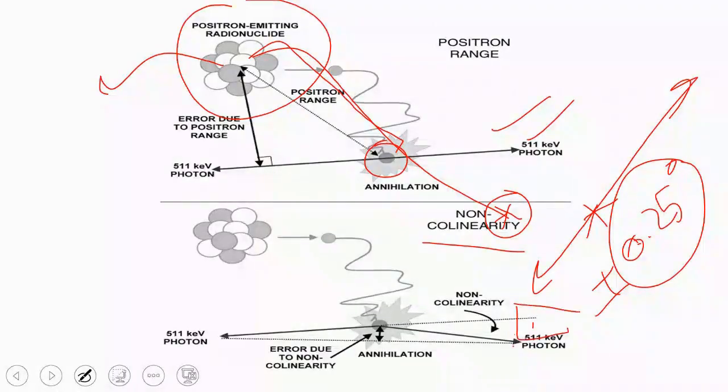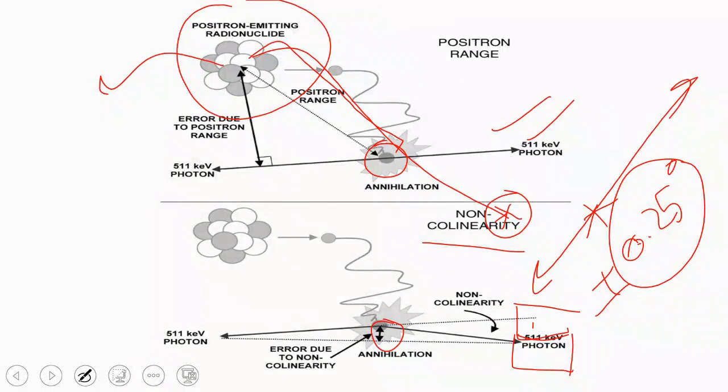This part creates non-collinearity. If I have a detector here, then the angle that the gamma photons have created makes a difference between the actual annihilation location and the location that will be designated by the devices. The calculated location of the radioactive source is different from the actual location, because the machine does not account for these angles.